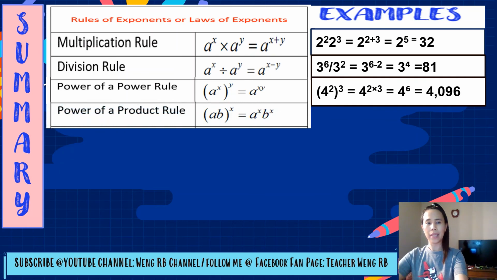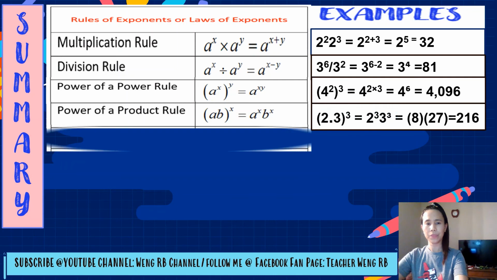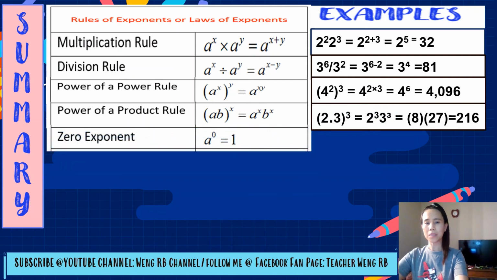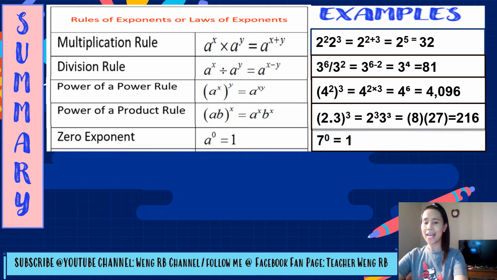Fourth rule is the power of a product rule, meaning that you are distributing the exponent to each of the bases. You have different bases, but you have the same exponent. Next thing, the zero exponent. So this is the easiest one because whatever is the base when raised to the zeroth power, it will always be equal to 1, except with 0 as a base because 0 raised to the zeroth power is undefined.